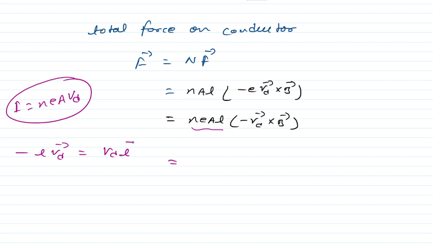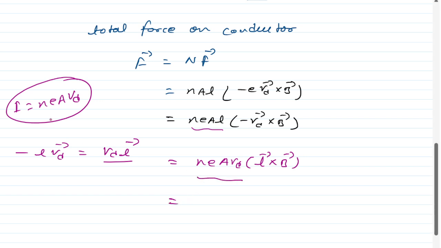Can we write Vd into L vector with plus sign? Because we are shifting the vector from Vd to L vector. So we want to just consume this minus sign. So minus of Vd is nothing but L vector. So now we have shifted the vector sign from Vd to L, correct? So this minus sign is getting removed. So we can write here neAVd and L cross B. So this is nothing but the current I into L cross B.